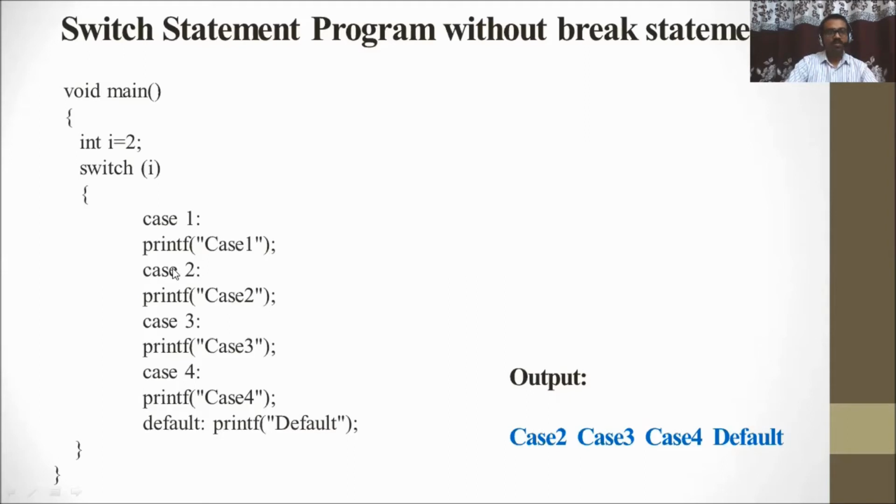Because we did not use a break statement, all the subsequent cases from case 2 are executed. This is a program without a break statement. Now the next program we will see with a break statement.